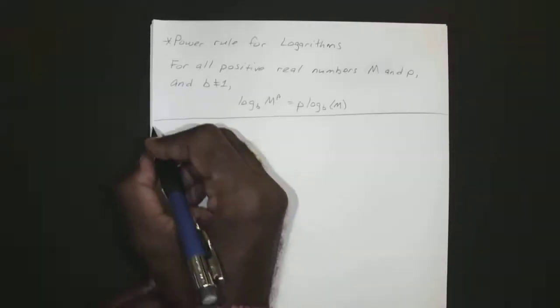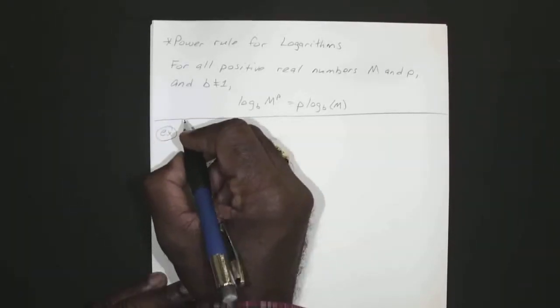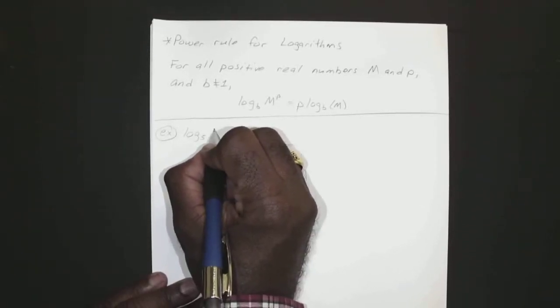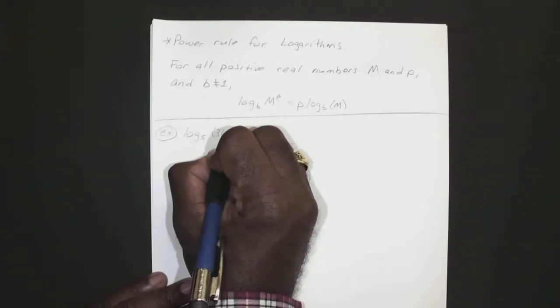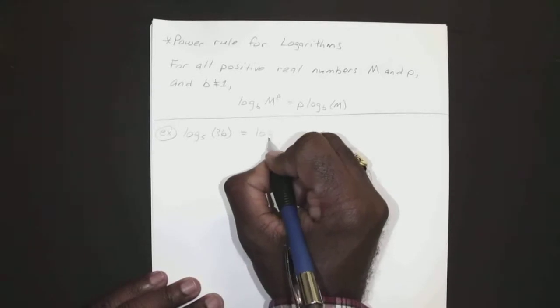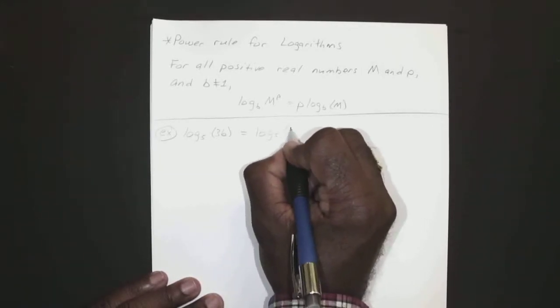Okay, so for example, if you have log base 5 of 36, you could rewrite that as log base 5 of 6 squared.